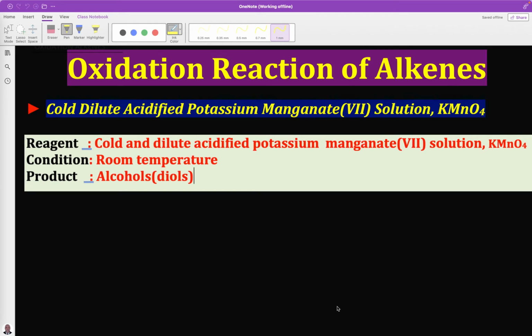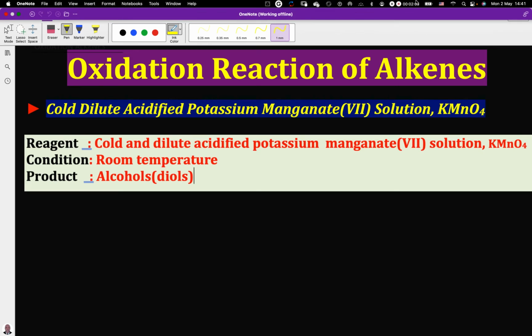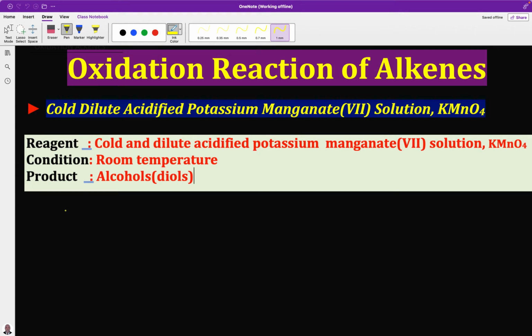With cold dilute acidified manganate 7 solution, an example of the alkene that we are going to use is ethene. Ethene is our example.